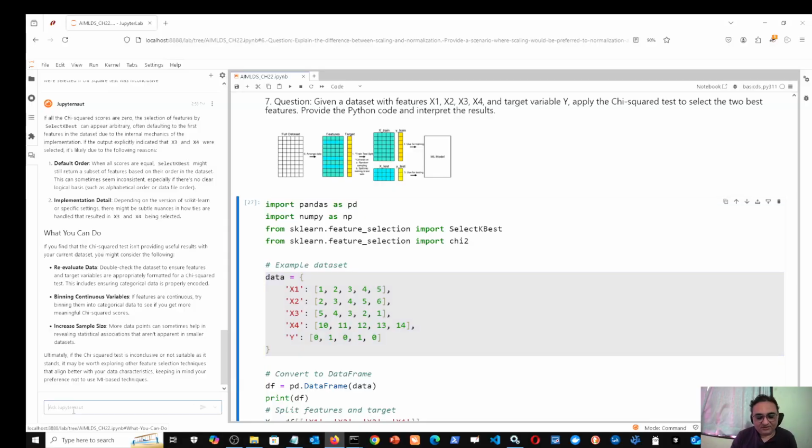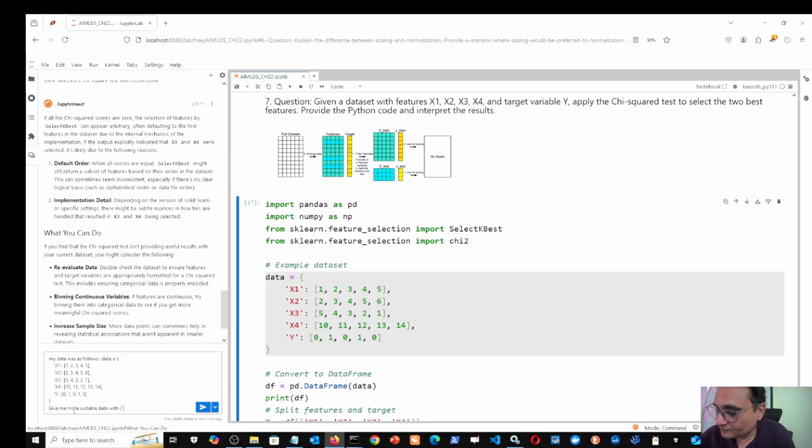more suitable. So my data was as follows: give me more suitable data with number one, 100 rows, and number two, maybe both categorical and continuous variables.